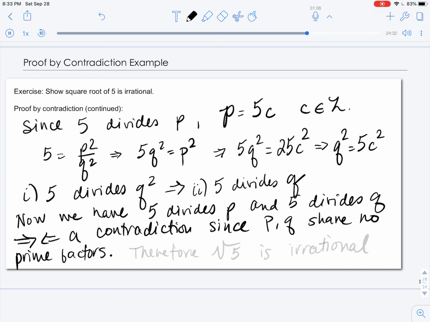Therefore, the negation is false, and the square root of 5 is irrational.